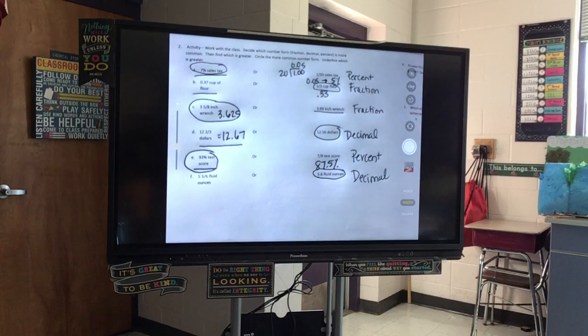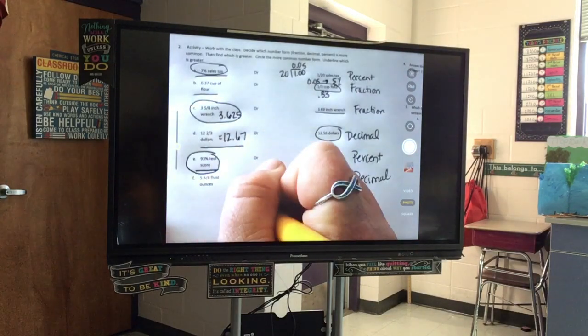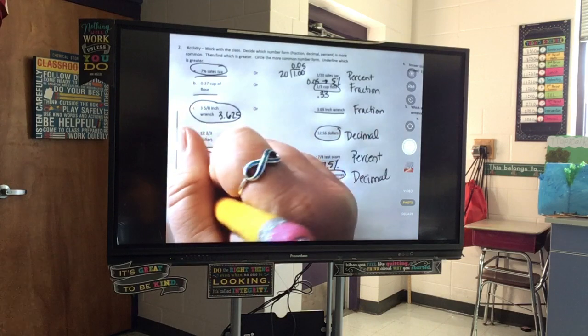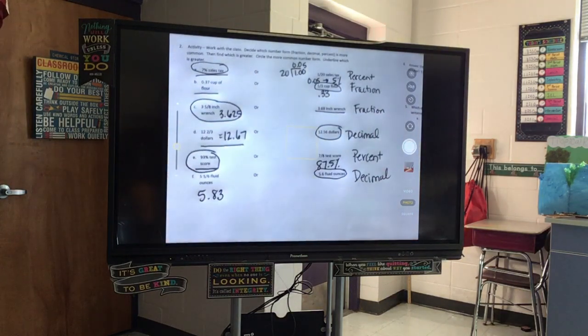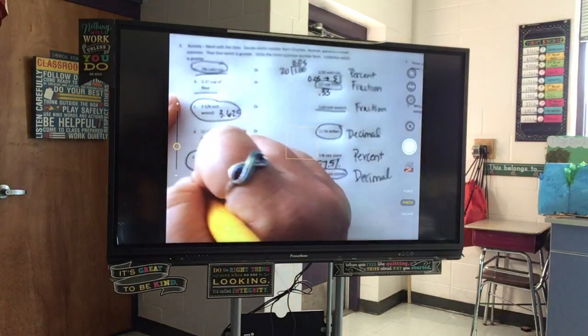So fraction to decimal is what you're looking for. Yep. So you would do your 5 divided by 6, and you end up with 5.833 as your answer. So which one is greater? 5.6 or 5.833? Savannah? Okay.